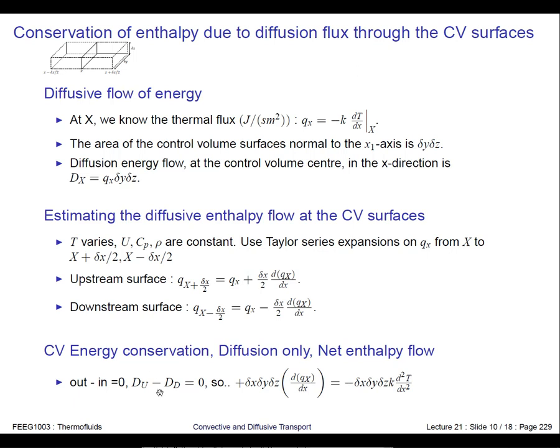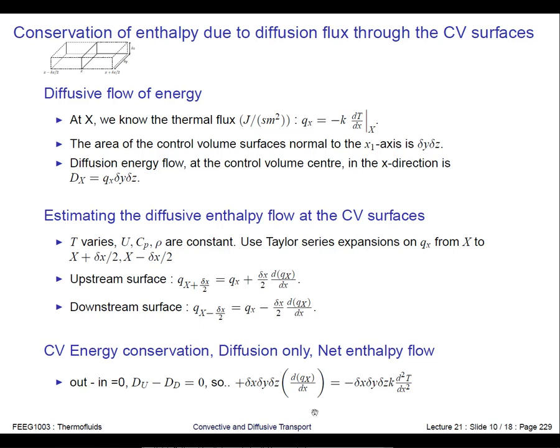So the upstream diffusional flux minus the downstream diffusional flux must be equal to 0. So we take effectively this thing multiplied by the cross-sectional area minus this thing multiplied by the cross-sectional area, and that term will cancel, and you end up with d by dx of qx multiplied by dx. So effectively this thing.